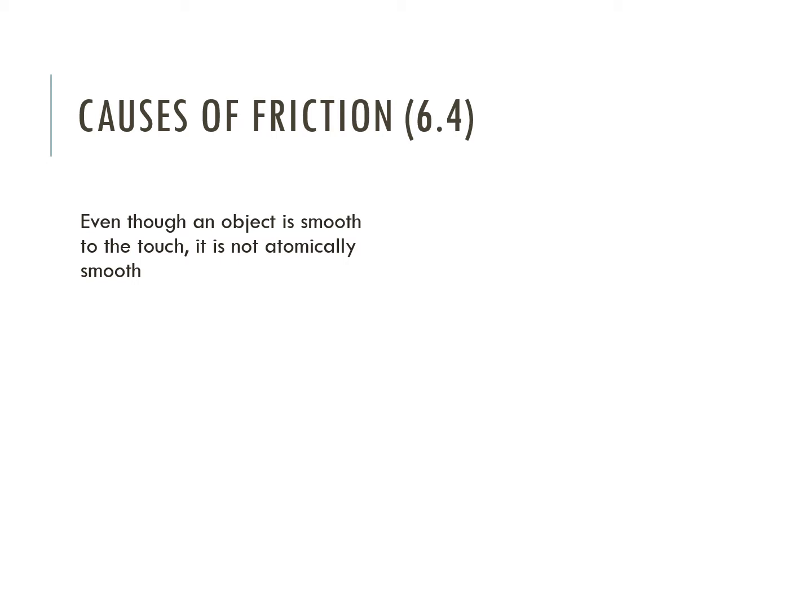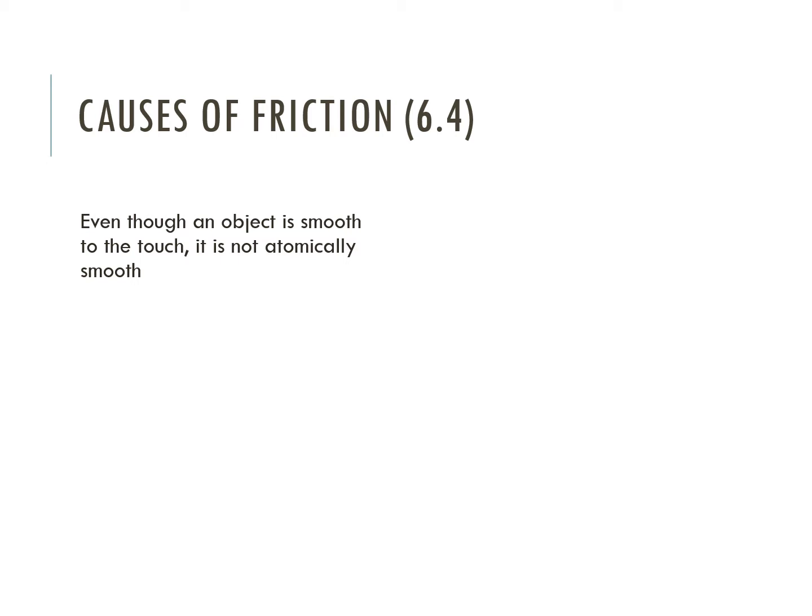So for example, ideally your phone is going to be smoother than the road. Ideally, your hardwood floor or linoleum or whatever it is is smoother than your carpet. So there are things that we want to be smooth and things we want to be rough.